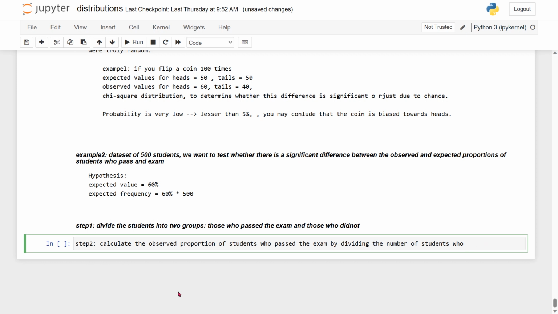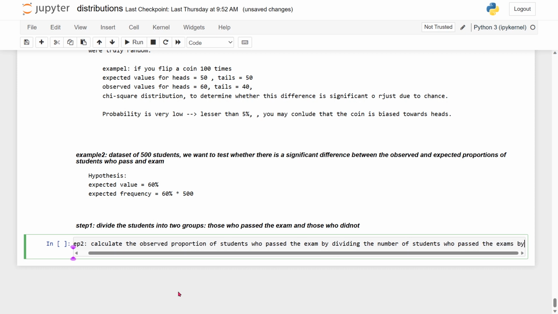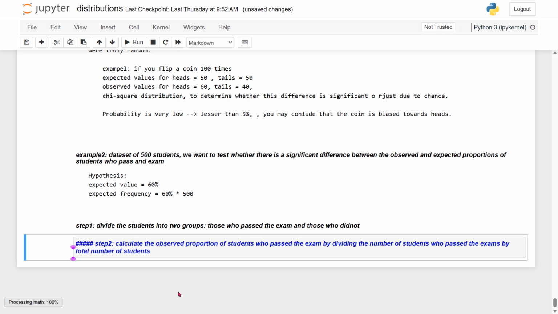Okay, so dividing the number of students who passed the exam by the total number of students.